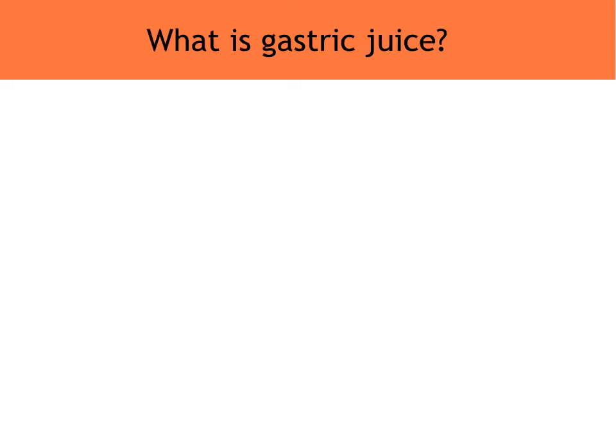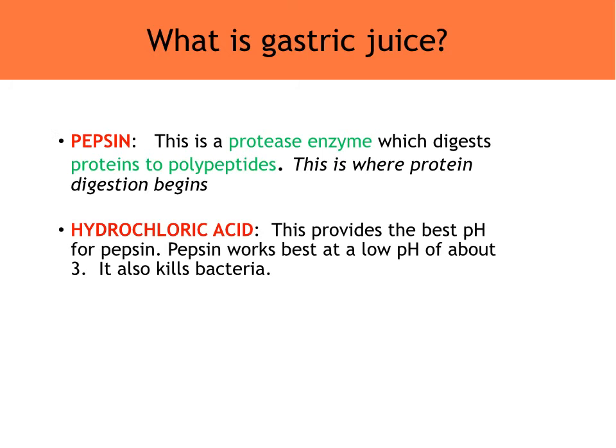So gastric juice, which is secreted into the stomach, is a mixture of secretions made in the glands in the lining of the stomach. It contains pepsin, which I've just mentioned, and this is a protease enzyme. This means it breaks down proteins to polypeptides. So this is where protein digestion begins.